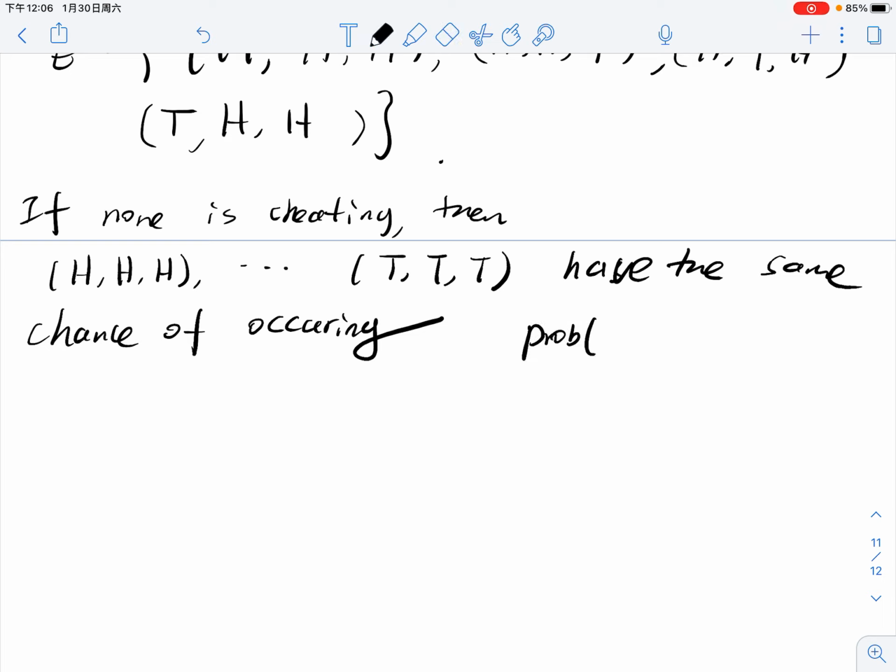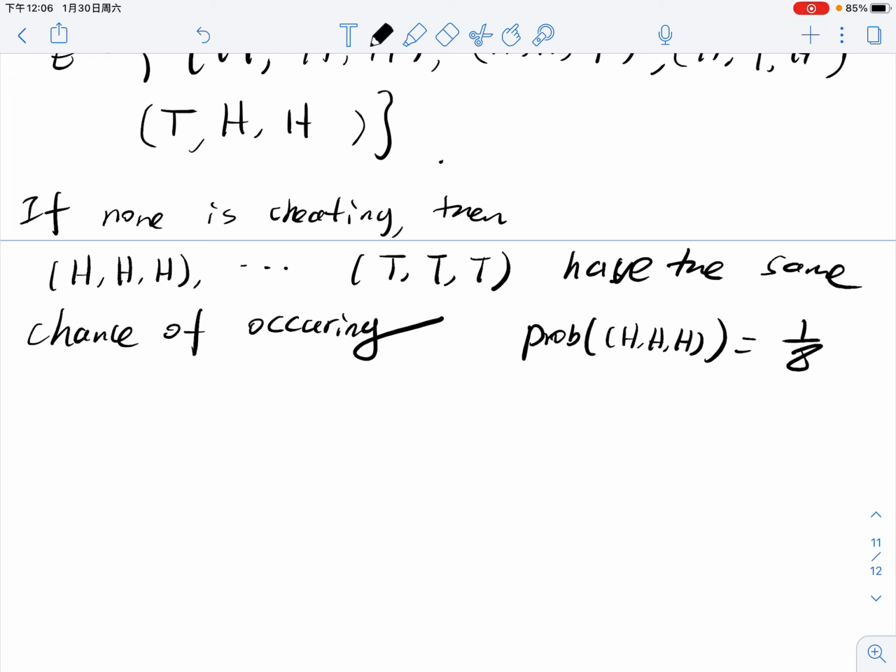The probability of HHH occurring is 1/8. It's under the condition that none is cheating, but if someone is cheating, then the answer is different.